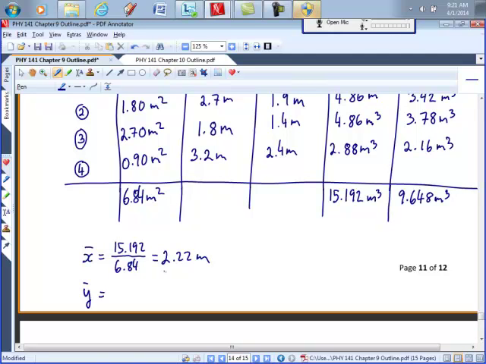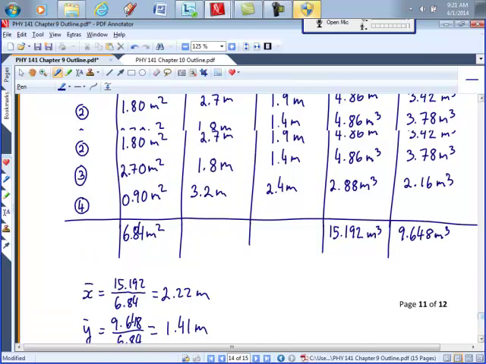Y bar is 9.648 divided by 6.84, 1.41 meters. Okay, let's see how that looks on the diagram.